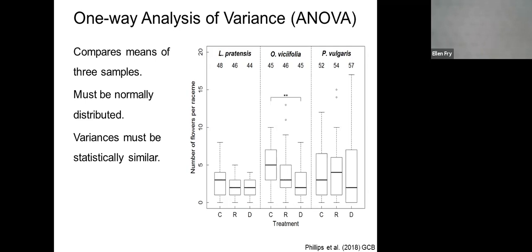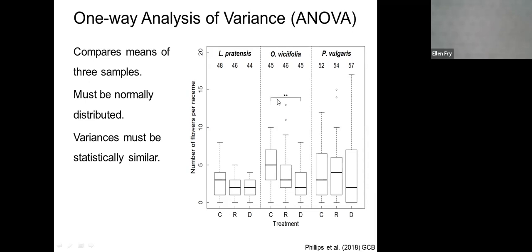The stars in the middle panel are quite a good way of describing significance. So for this species in the middle, Onobrychis viciifolia, we can see that there is a significant difference, and because there are two stars, it's highly significant at the p is less than 0.01 level. One star would be 0.05.